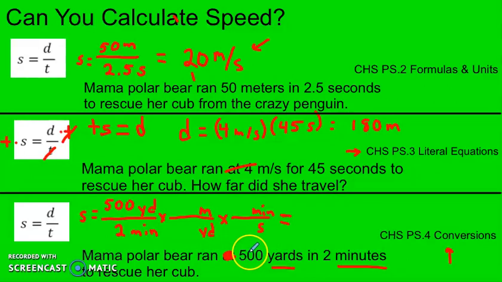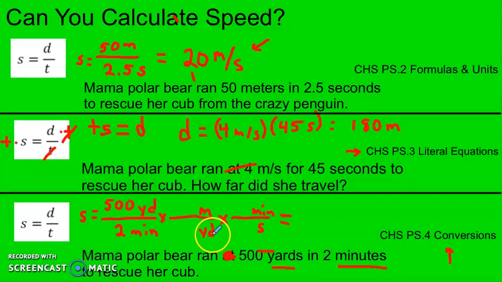And we'll do one up here just because you may catch on pretty well to this. So I'm going to plug into the formula. The distance is 500 yards on top of the formula, and the time on the bottom is 2 minutes. Then you have these conversion equations. You want to get rid of yards and replace it with meters, so you have to put yards diagonal to yards here.